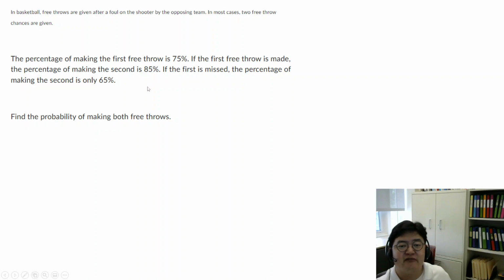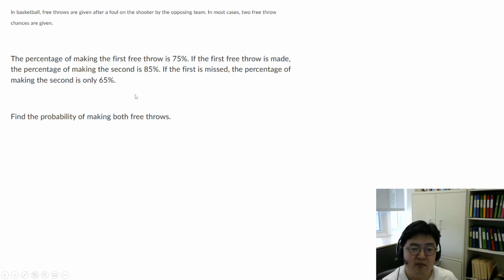However, if the first one is failed, then the percentage of the second one is lower at 65%, right? So you get the idea. And then what is the probability of making both free throws? Interesting question. If you like basketball, it makes sense.